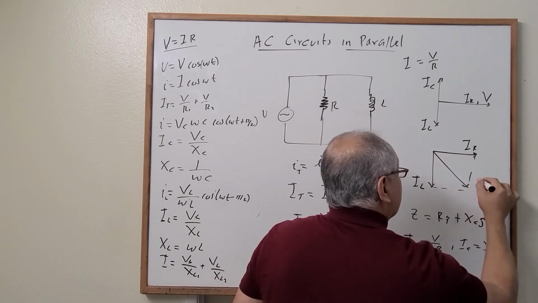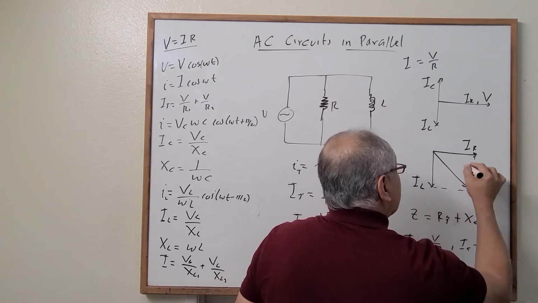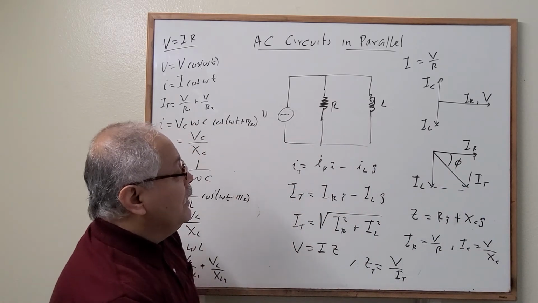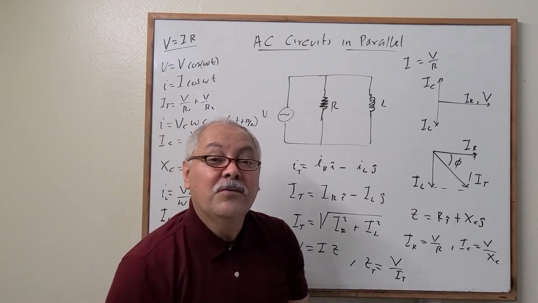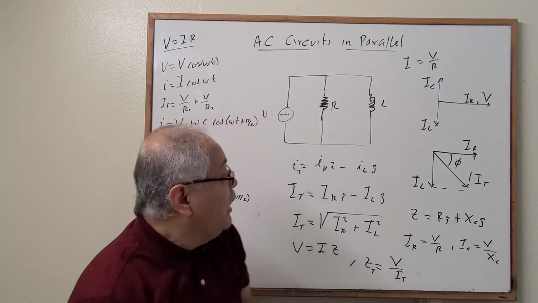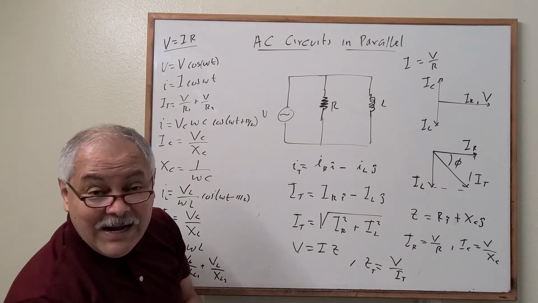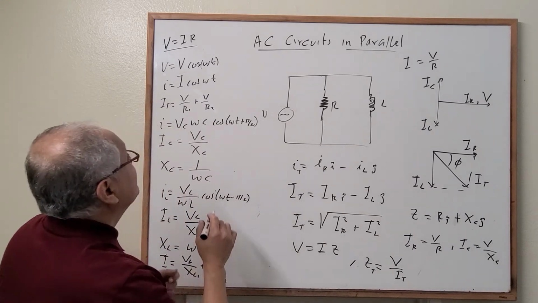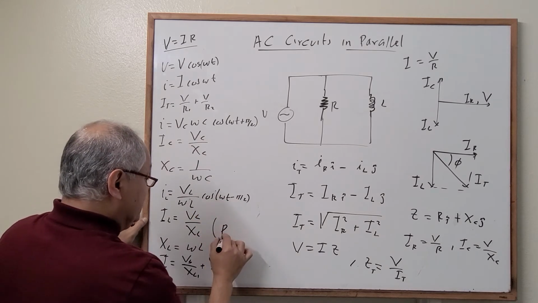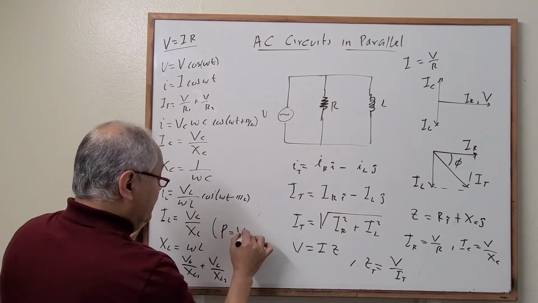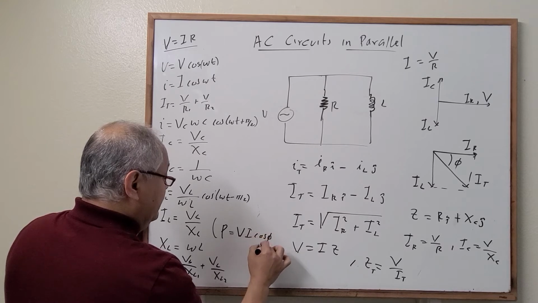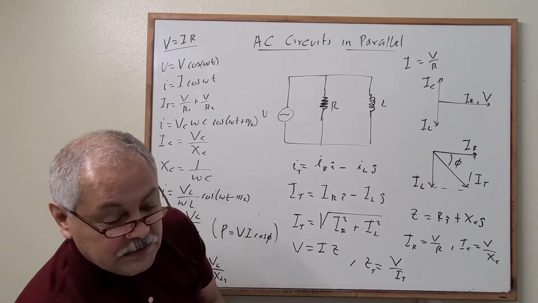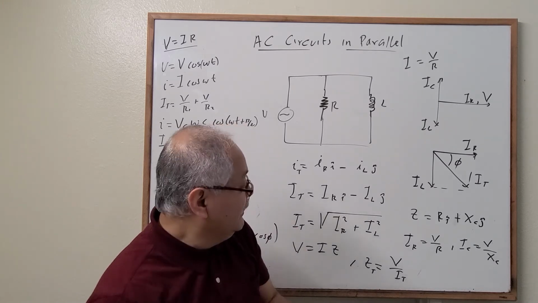The total current is gonna be in this way. Also, we were looking for the average power. Remember, it's the same formula as we got in circuits in series, right? Power is equal to voltage times current times cosine phi. The same formula, the same equation.